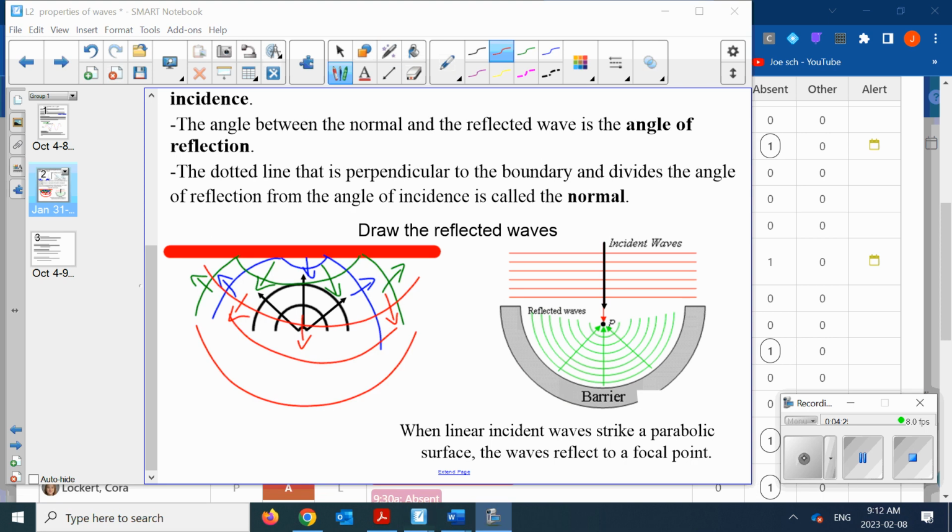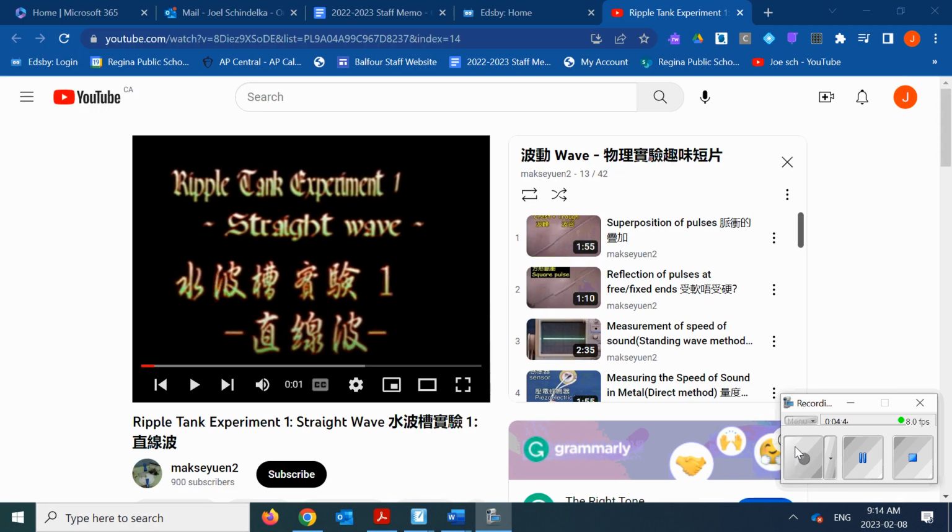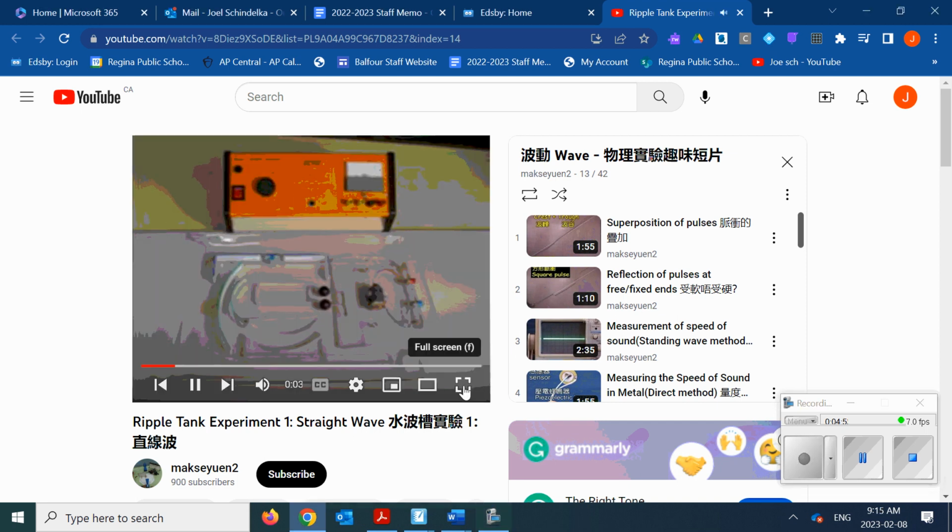So on the video, we just observed this on the wave table, but curved waves that hit a flat, straight barrier will return the opposite direction as a curved wave that spreads out forever. If you're watching from home, this is the kind of stuff we demonstrated here. So first of all, this one. There we go.